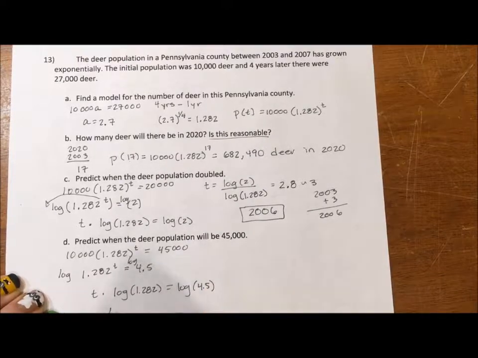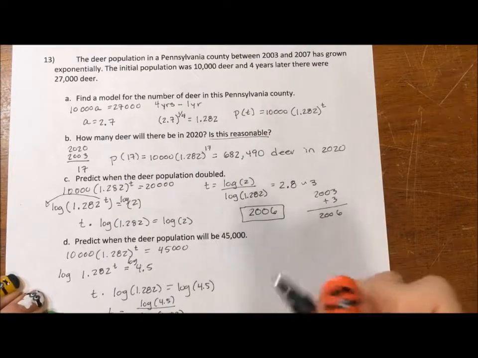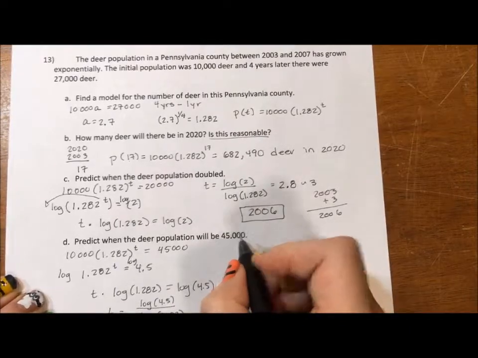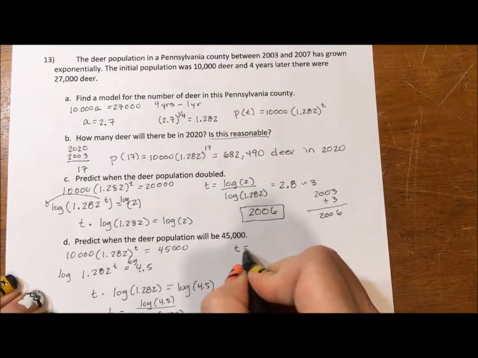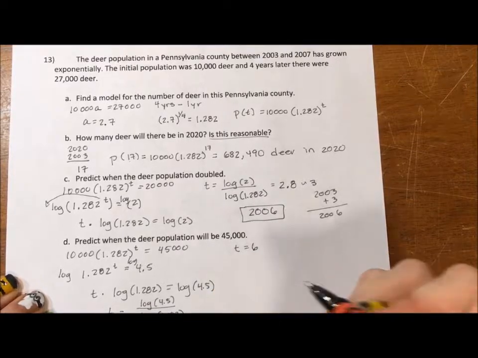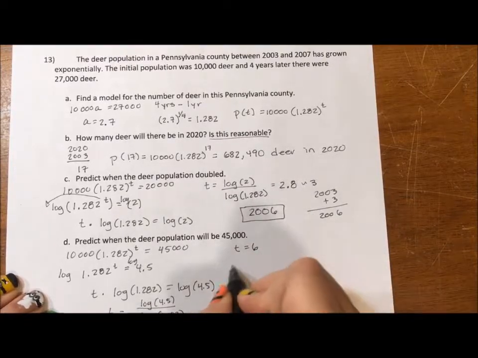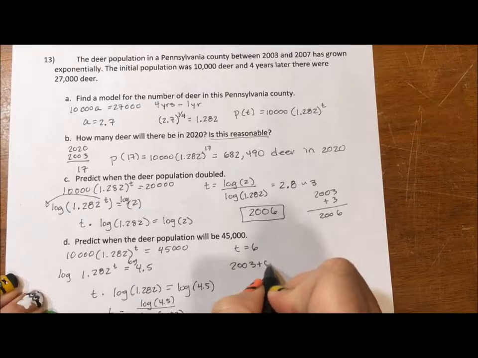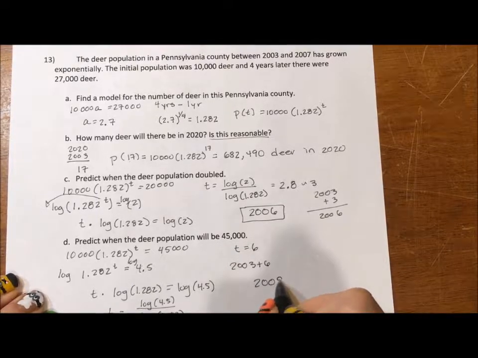So that t is equal to log of 4.5 divided by log of 1.282. And when I do this calculation this time, I get that t is equal to 6. It's a much nicer calculation. So 2003 plus 6 is 2009.